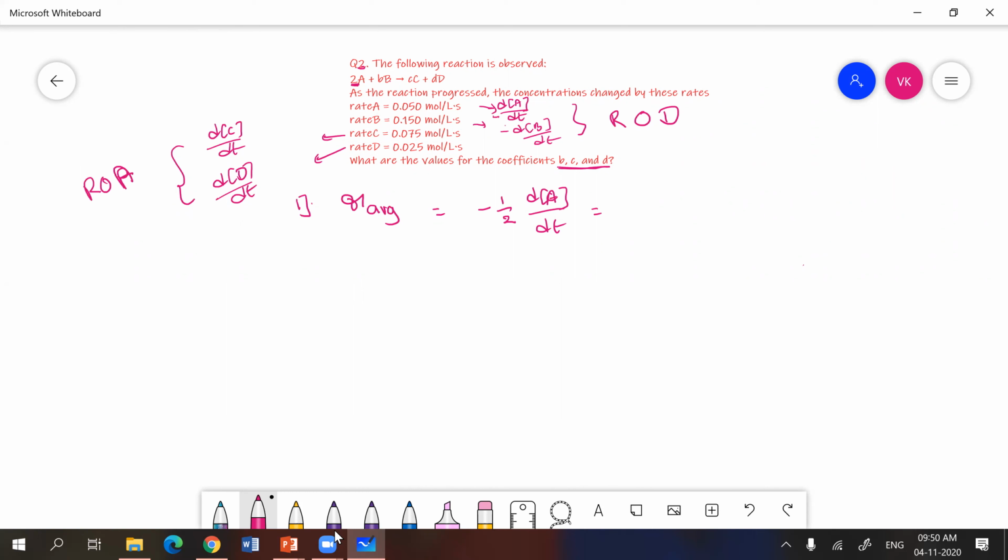So first write the average rate. Minus 1 over B. Why did I write minus here? Because it is a reactant. Reactant is disappearing. So you have to write minus with dt, that equals 1 over C, appearance of C with time, equals 1 over D, appearance of D with time.